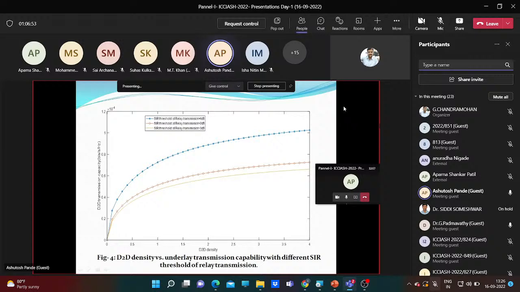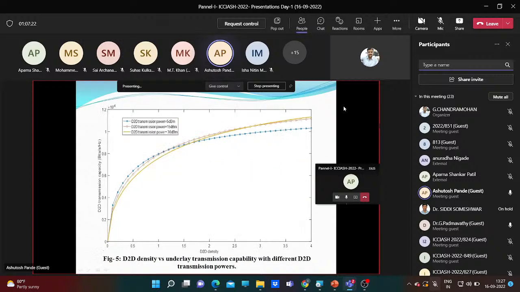It has been found that as device to device density increases, underlay transmission capacity also increases for fixed value of SIR threshold of relay transmission. It can be verified from this figure that with lower value of SIR threshold of relay transmission, we achieve better underlay transmission capacity.